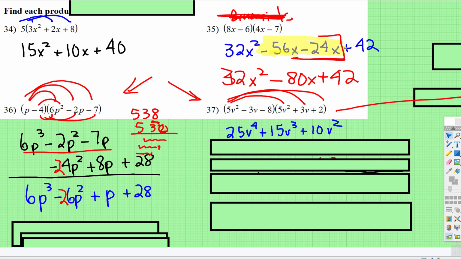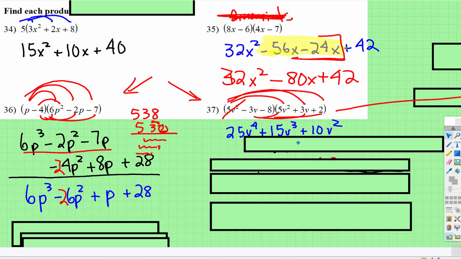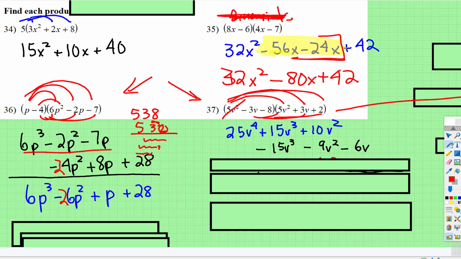Then I'm going to ignore that, and now I'm going to multiply negative 3v times each of those. And when I do that, I'm going to line them up in place value. Because negative 3v times 5v squared is negative 15v cubed, I lined it up under the v cubed. Negative 3v times positive 3v is negative 9v squared. That's also lined up under v squared, and so forth.